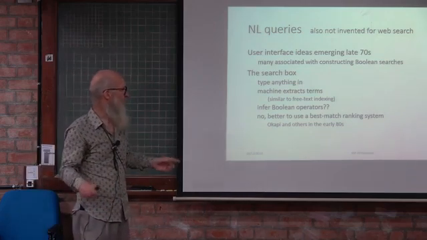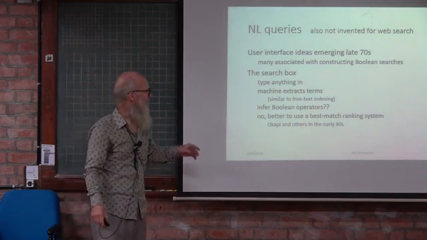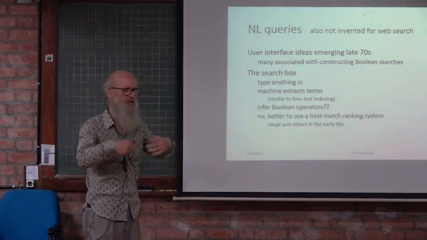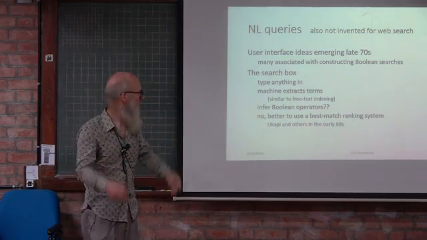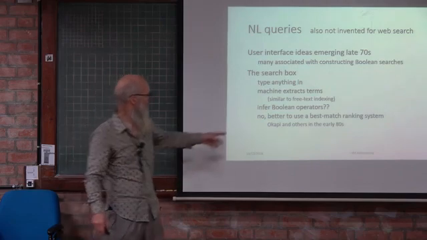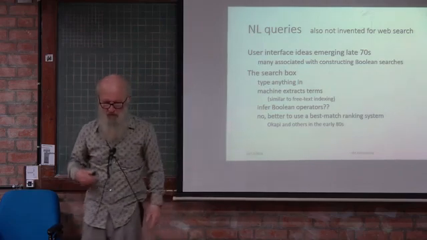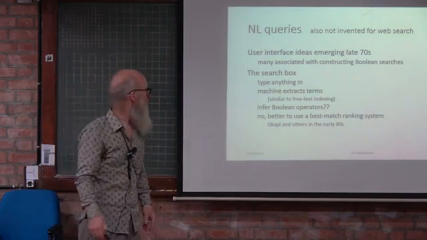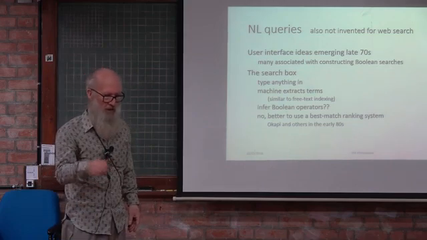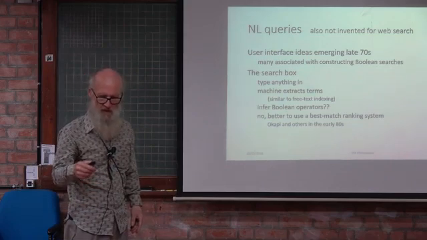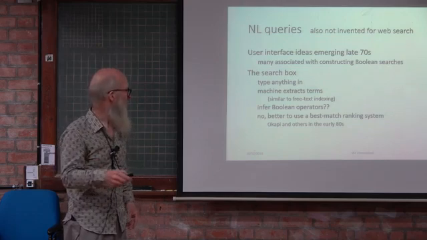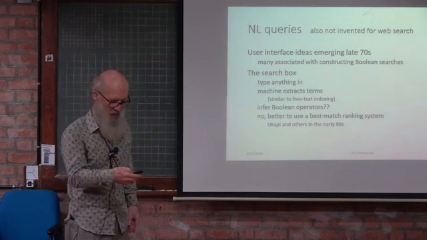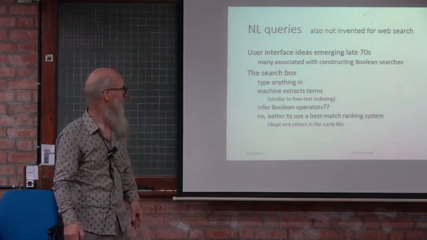So it became quite obvious fairly quickly that it would be better to use the kind of best match ranking systems which the rest of us researchers had been working on for years. So I mentioned a system called Okapi. It wasn't exactly my system. It was due to a colleague of mine called Stephen Walker, who worked in another institution in London in the early 80s, and then moved into my department a bit later, and we collaborated for many years.